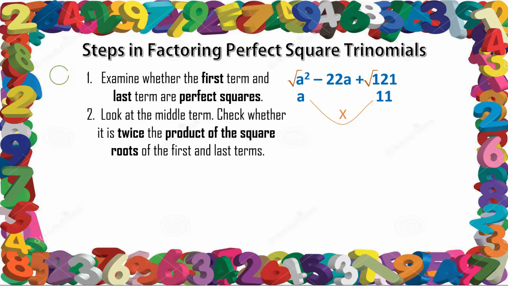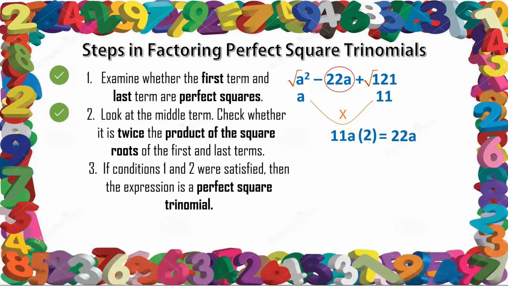Then we got 11a, exactly. Now twice of 11a is 22a. We exactly got the middle term. So check for step 2.